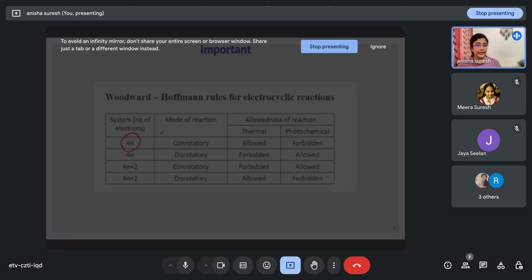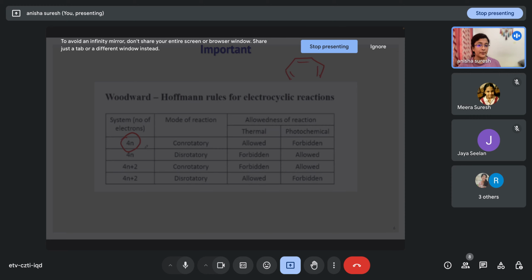And similarly, if we are having a cyclohexatriene sort of system, like this sort of system, and if we draw the FMO for this cyclohexatriene, we can derive this 4n plus 2 conrotation and disrotation as well. So 4n plus 2 conrotation, thermally it is forbidden and photochemically it is allowed. And 4n plus 2 disrotation, thermally it is allowed and photochemically it is forbidden.